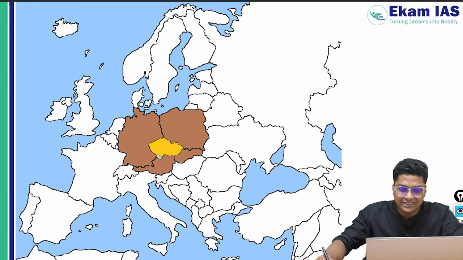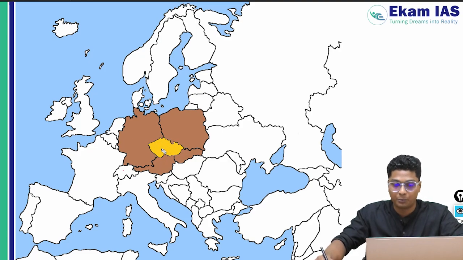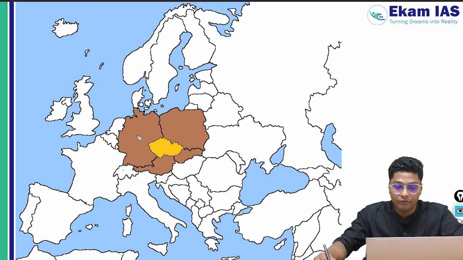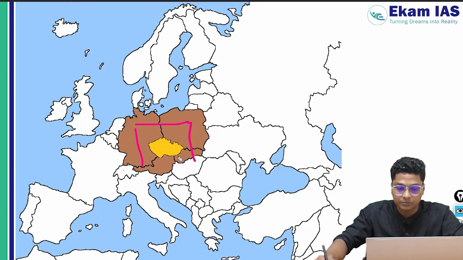So think about this central highlighted region, this is the Czech Republic. You can see it's more like a flower. There are 4 quadrants around it: the first one, second one, third, and the fourth one.